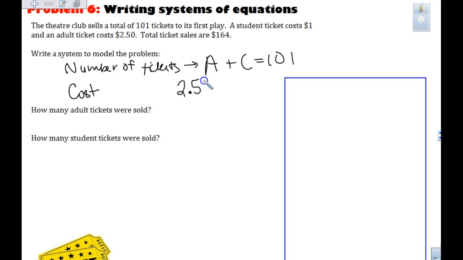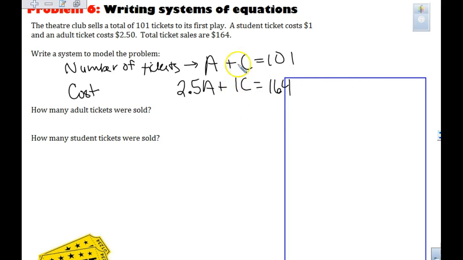So I'm going to put 2.5A. Plus, Amy, how much did each children's ticket cost? Or student ticket? $1. Why am I using C instead of S? Because I think for some of you, your S's look like 5. So children, student, kind of the same thing, equals 164. Okay?